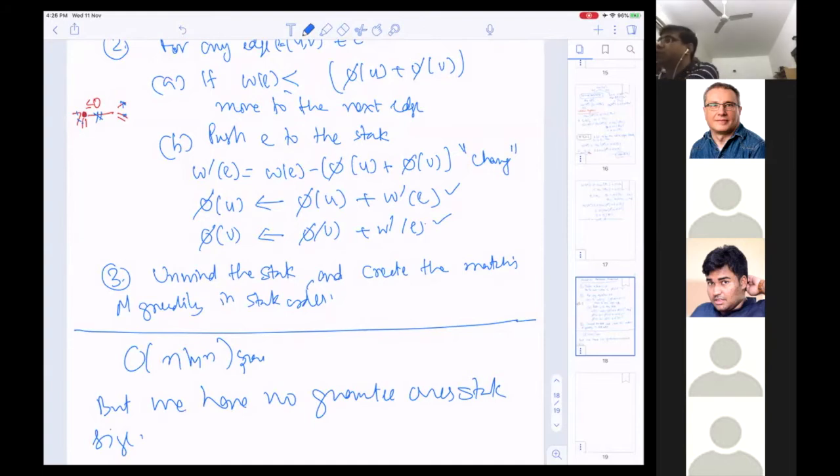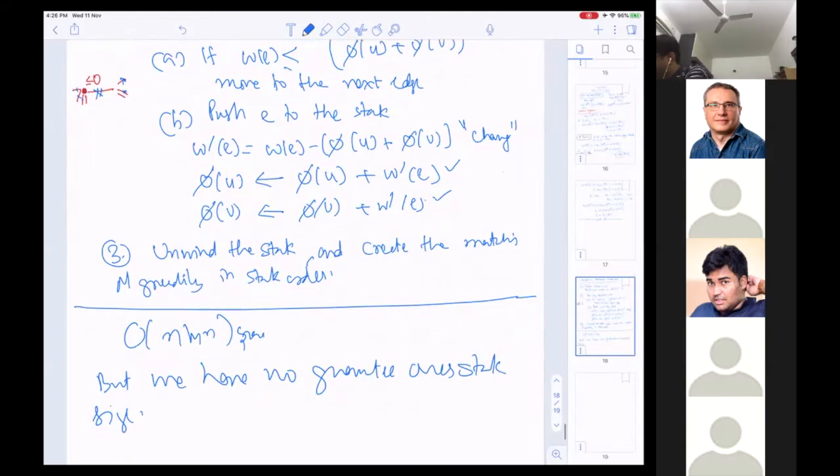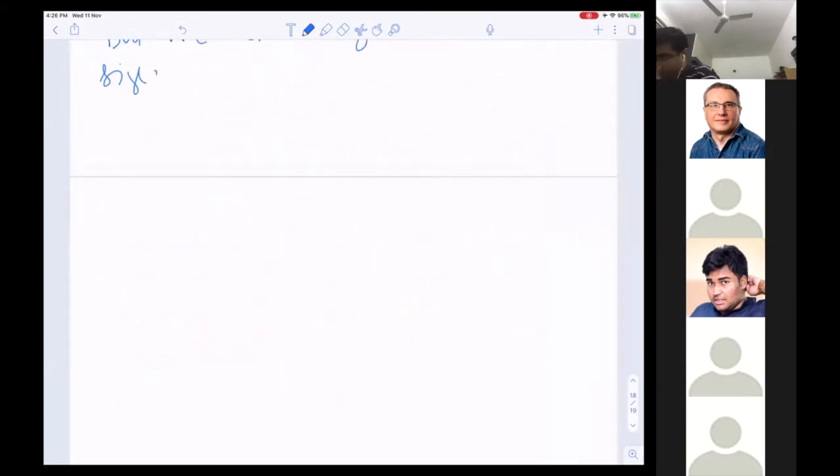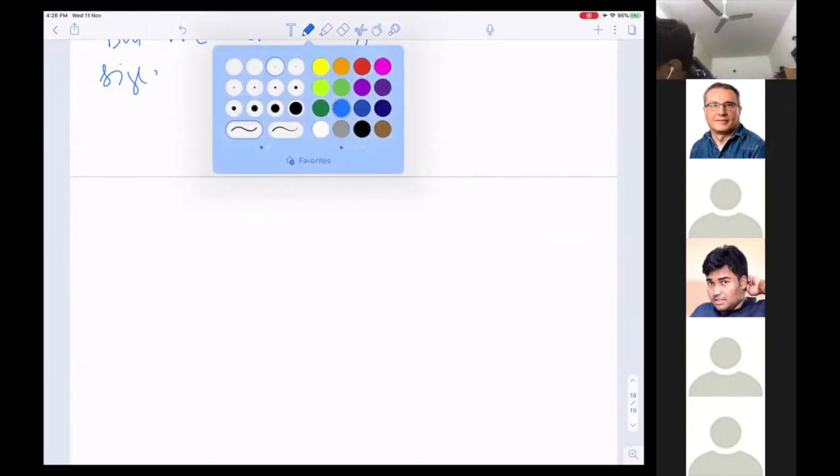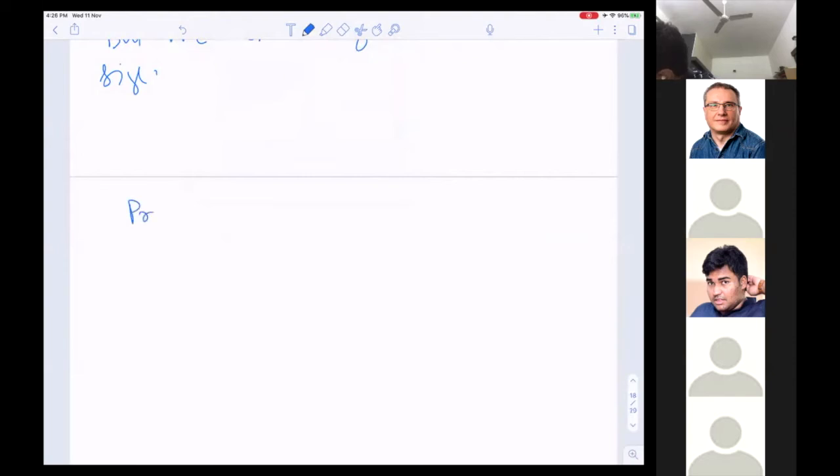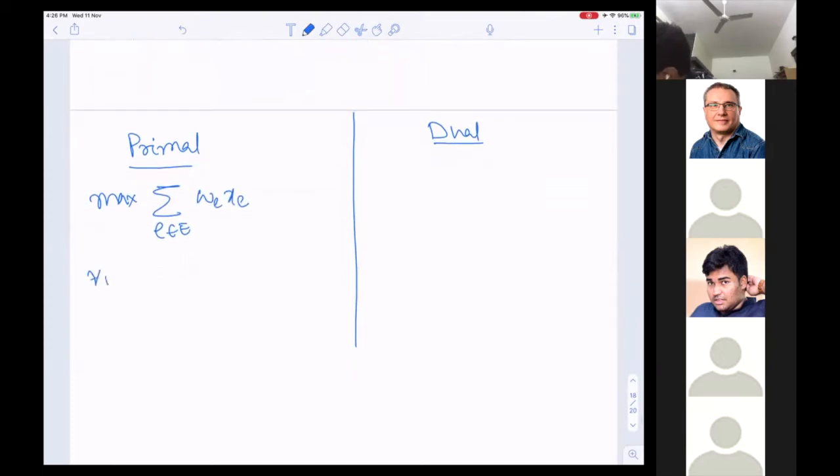Okay, so I'm just going to go slightly differently, and let me write down something: primal and dual. So max summation e in E, weight e, xe, this is matching. And for all v in V, summation over edges containing v of xe is less than equal to 1.